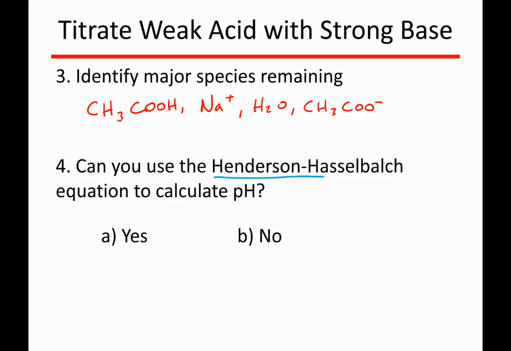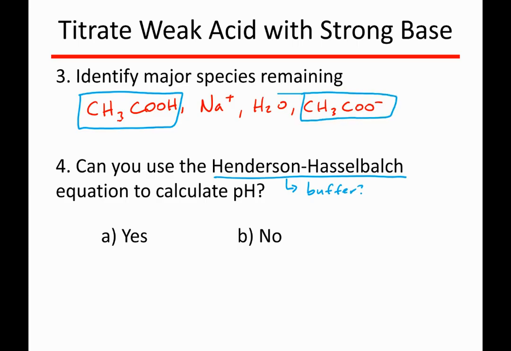Remember, if the question is asking, can you use the Henderson-Hasselbalch equation, what that's asking is, do you have a buffer? You have to have both a weak acid and its conjugate base as major species. What we have in this solution is our weak acid in the form of acetic acid, and in the neutralization reaction with sodium hydroxide, we produced acetate ion.